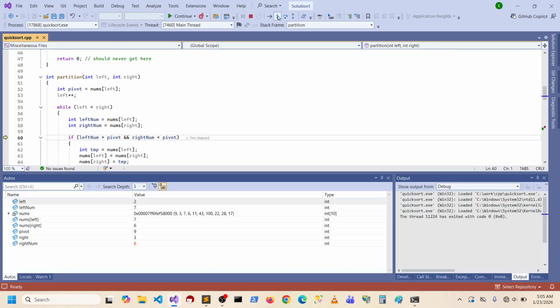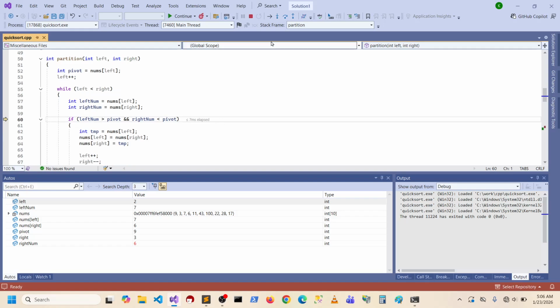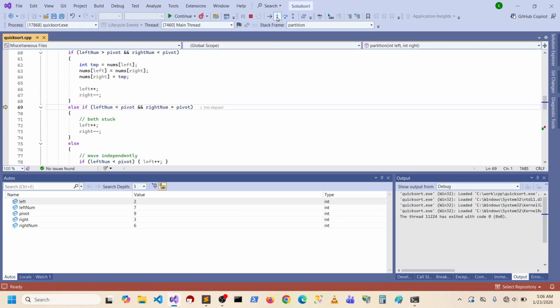Okay, so seven is greater than pivot. No, it's less than pivot. Let's go here.